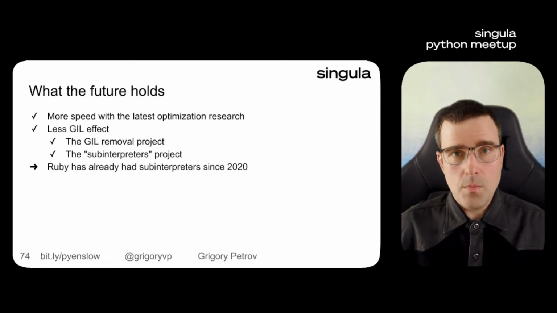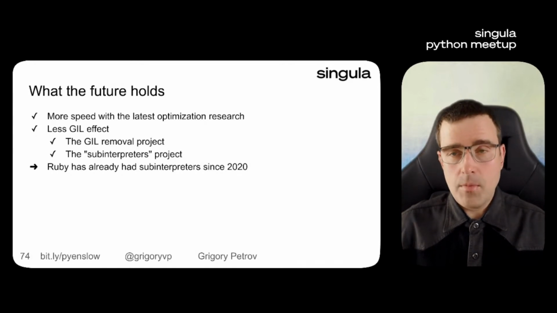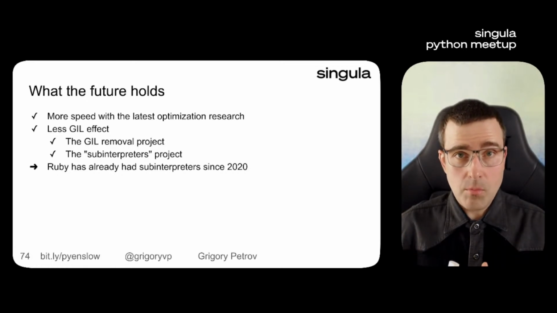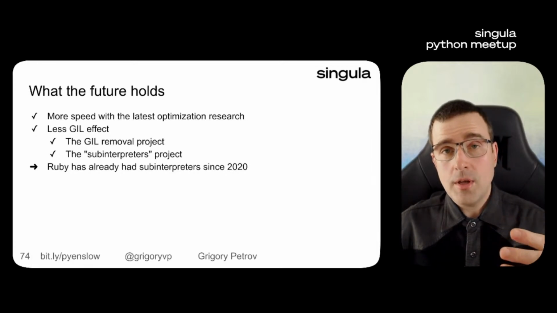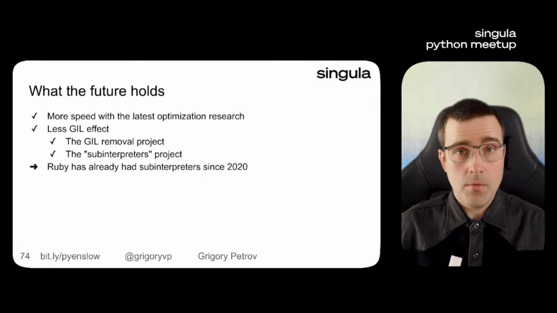By the way, Ruby already had sub-interpreters a few years ago, and that project was not successful, because sub-interpreters mean that many threads within one process each have their own virtual machine, and then they can access read-only shared data, but they cannot access that shared data for writing by default and need a special API for that.